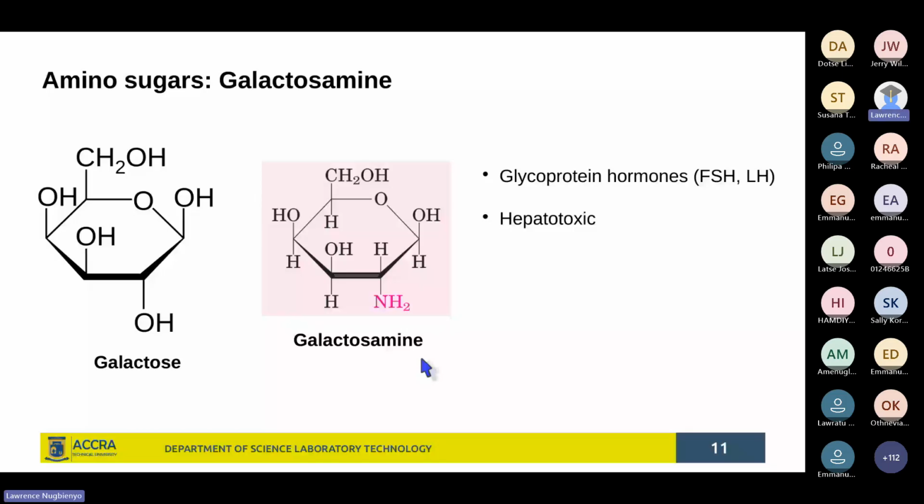What happens is that when you take cells, we refer to ATP, adenosine triphosphate, as a primary source of energy for many of these cells. But in hepatocytes, that is in liver cells, you also have uridine triphosphate.